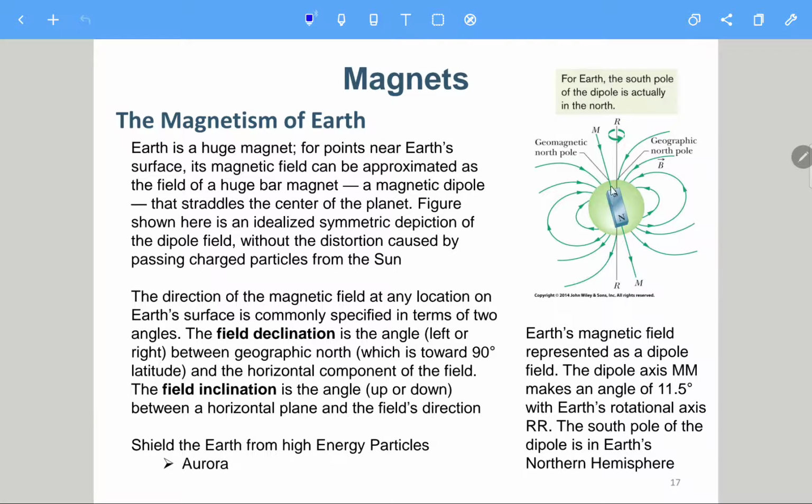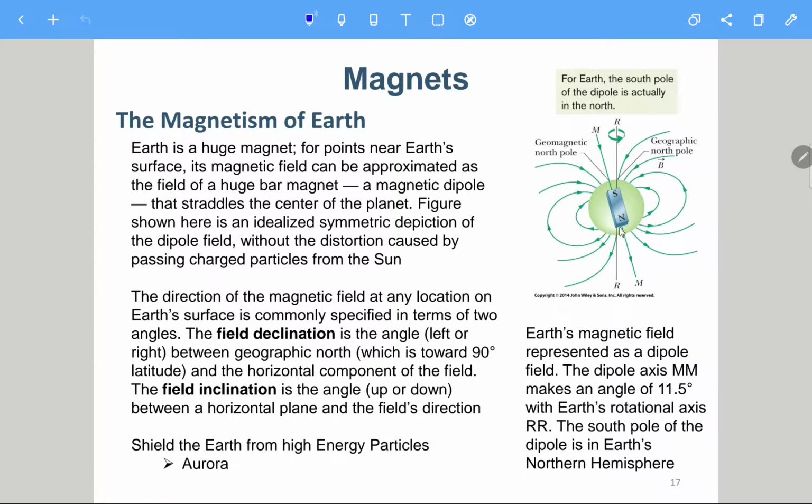So this should be the magnetic South Pole, and this is the magnetic North Pole. And there is an 11.5 degree difference between these two axes.